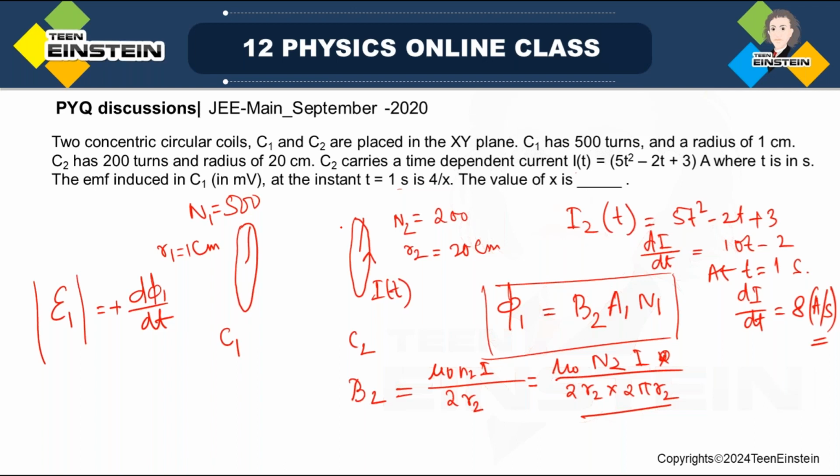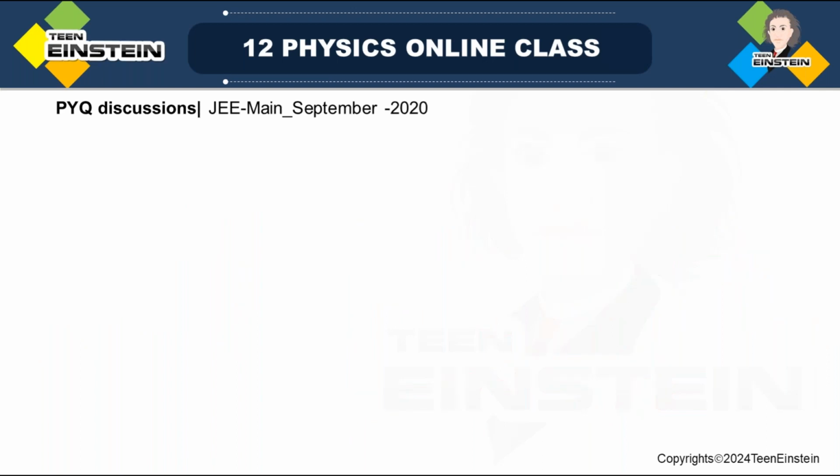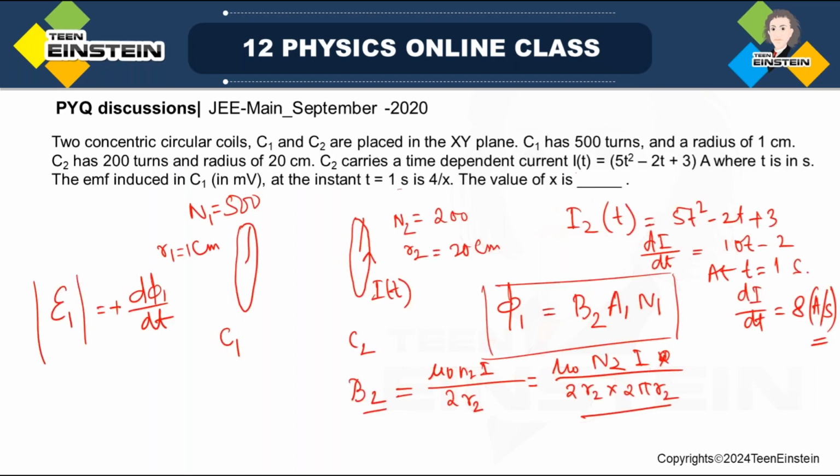Let me go to the next page. So I'll have this expression mu 0 into I. I have to first find out B2, isn't it? Mu 0 into I divided by 4 pi R2 square.